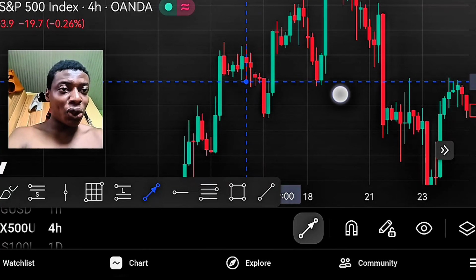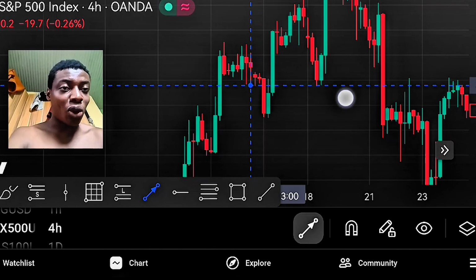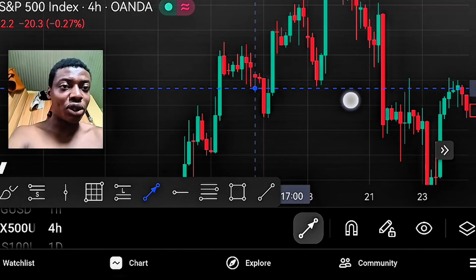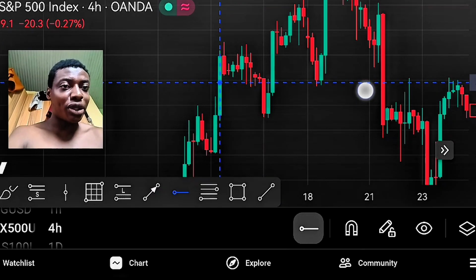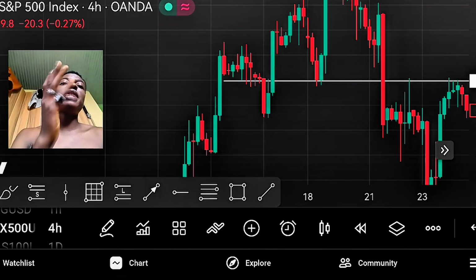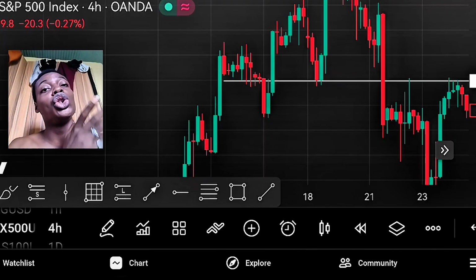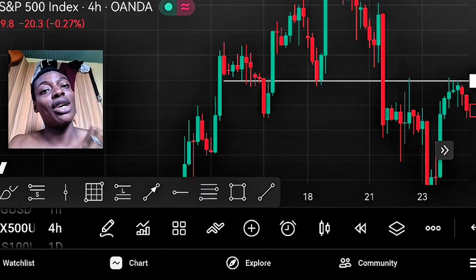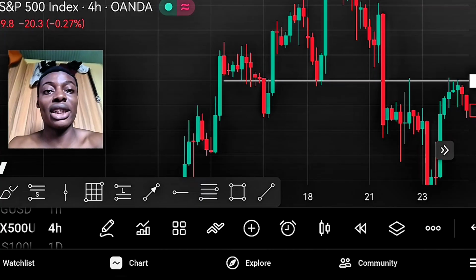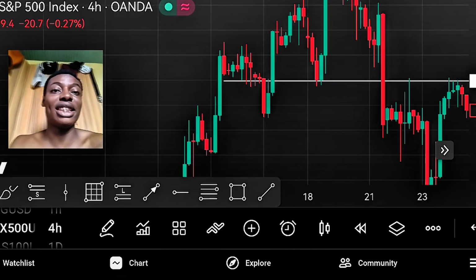This red candle didn't close below. This red candle didn't close below. All are weak. This red candle didn't close. It was this one that closed, which is a break of structure. So if the next candle didn't close, you need to look for the next candle with the same movement, green or red. You need to look for the next like that.